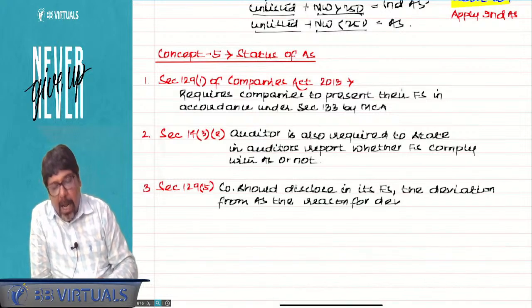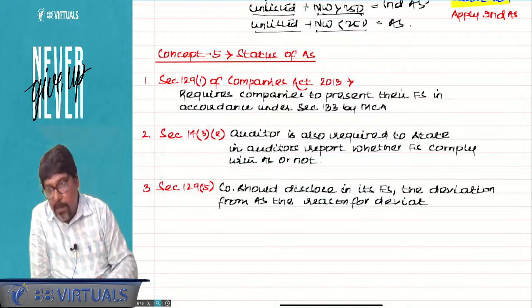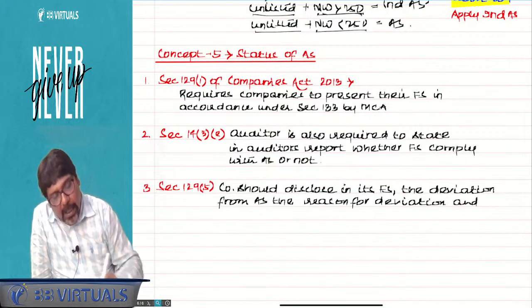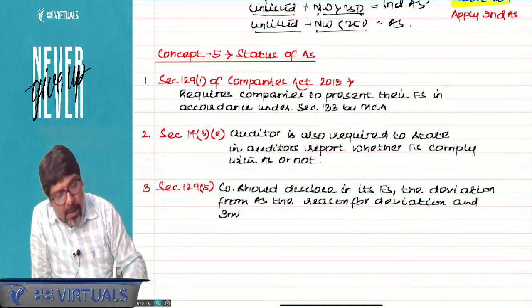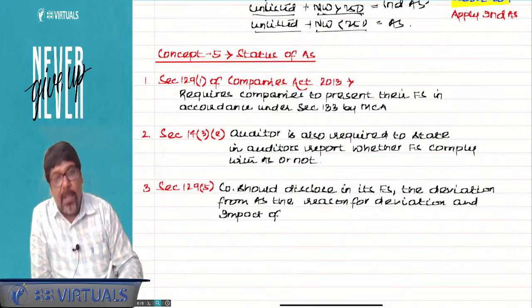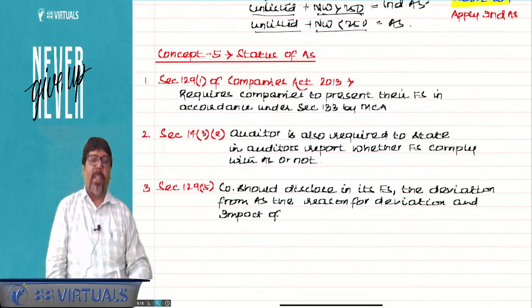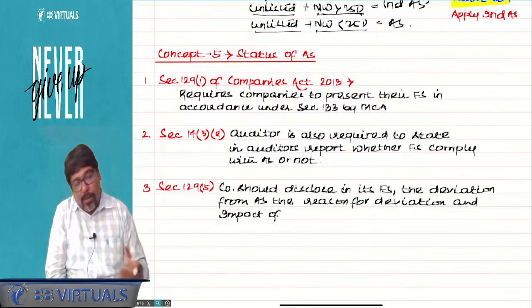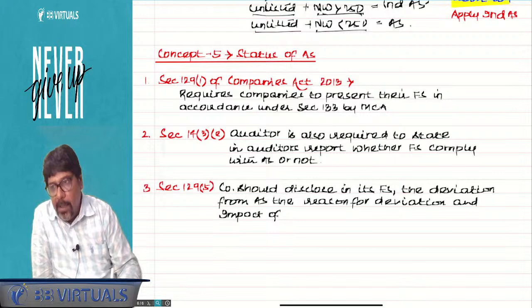Did you deviate? Yes, sir. Why did you deviate? And the reason for deviation. Impact means because of deviation from accounting standard, my profit is understated by 2 crores, or my profit is overstated by 2 crores. That also you have to state.